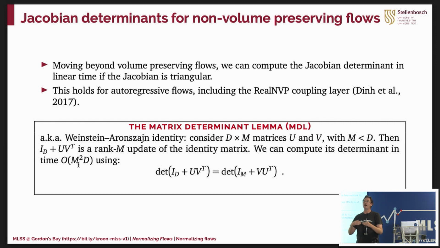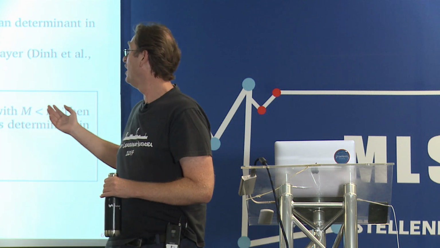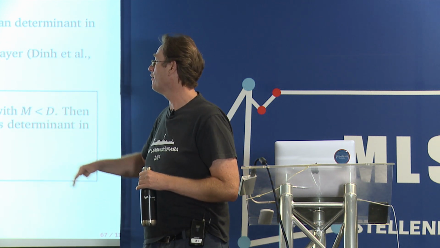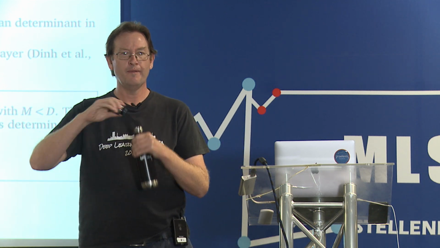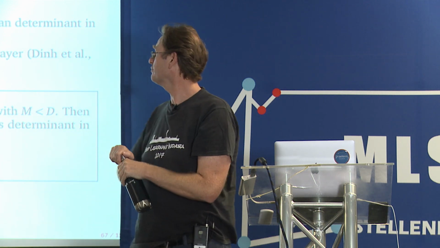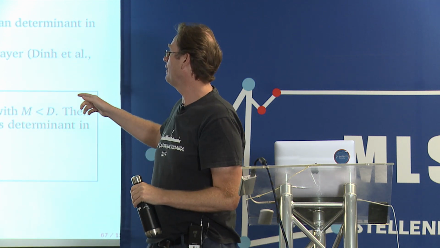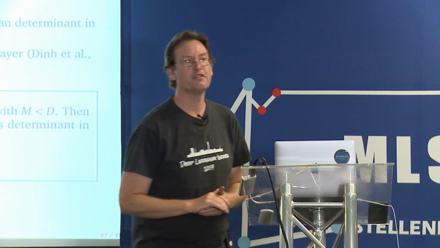We can use higher rank updates of the identity matrix for more expressivity at the cost of more computational cost per layer. And when we start using higher rank updates here, we get something called Sylvester flows, which also came out of Max Welling's lab, one of the birthplaces of the VAE.